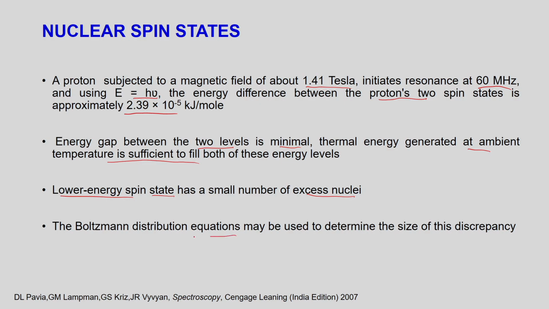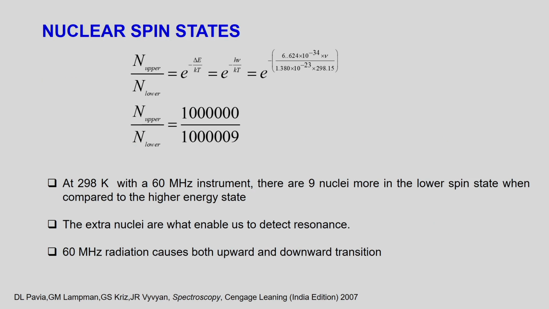We write a Boltzmann distribution equation to determine the size of this discrepancy. Let us see how many nuclei we have at different energy levels at room temperature. This is what the Boltzmann distribution looks like: the number of nuclei in the upper energy state to the number in the lower energy state is e to the power of minus delta E by kT, which is nothing but minus h nu by kT.